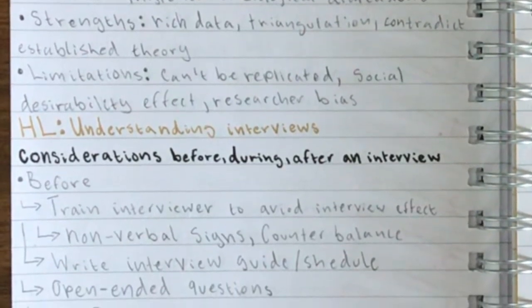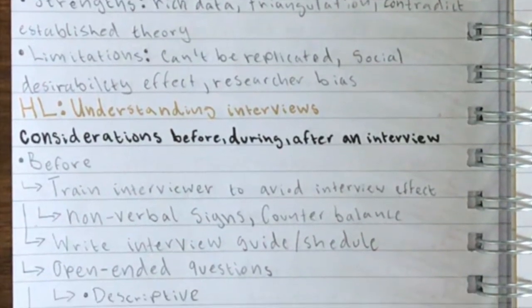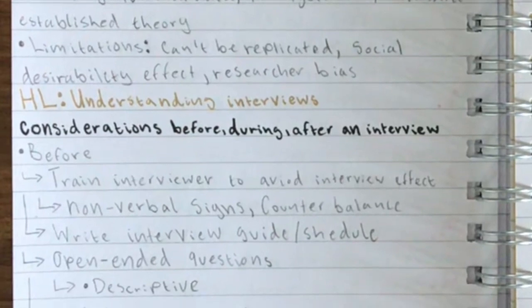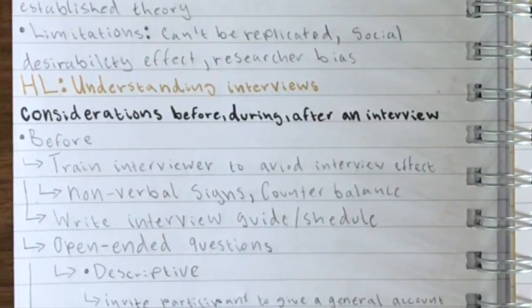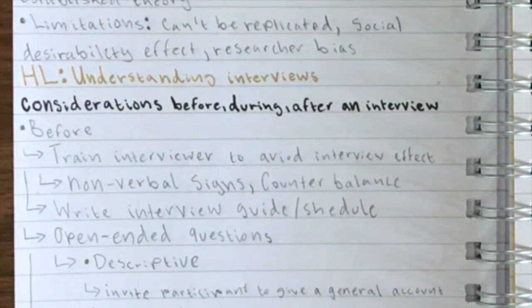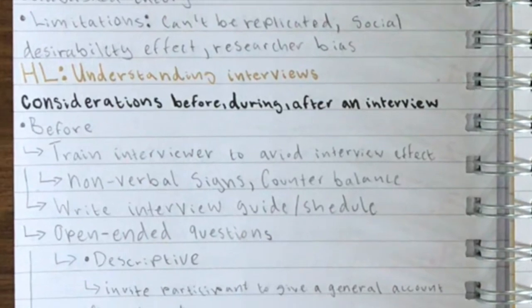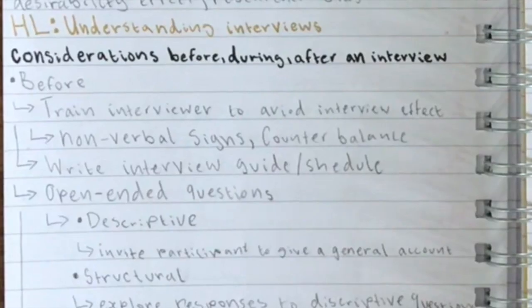So essentially, because you're using a real-life situation, you can prove that a theory is artificial and such. The limitations to an instrumental case study is that it can't be replicated. There is social desirability effect because a participant may want to be seen as good. And there might also be researcher bias. That was the last thing for that part.